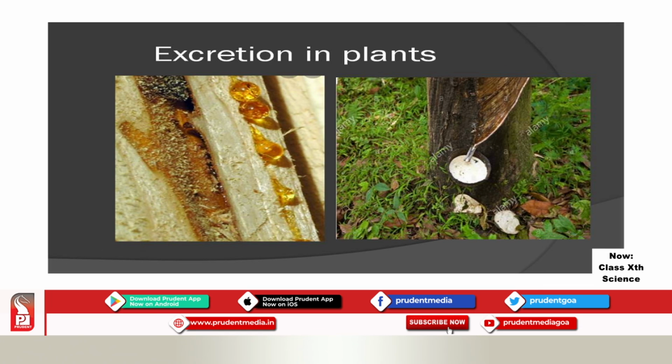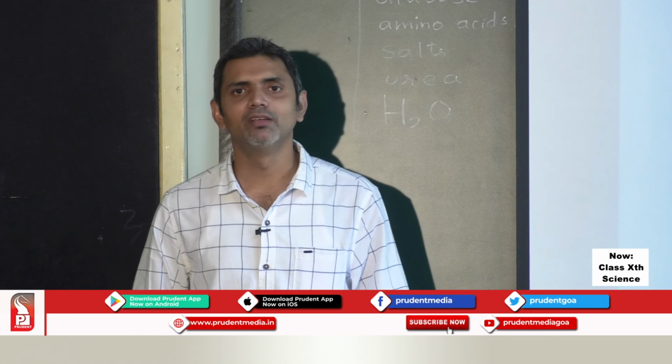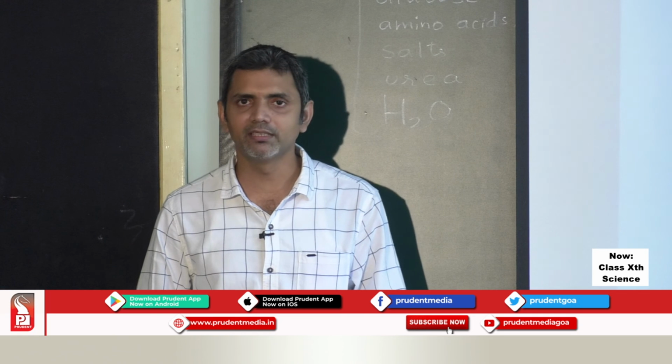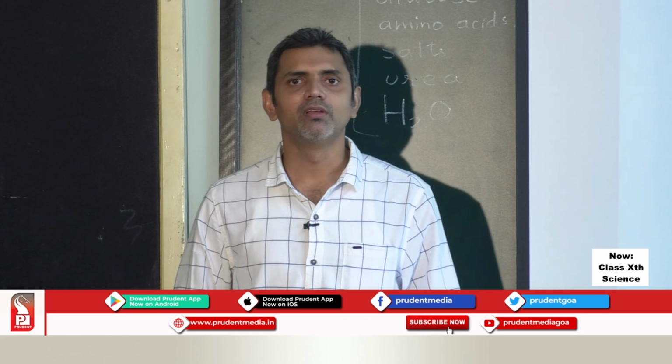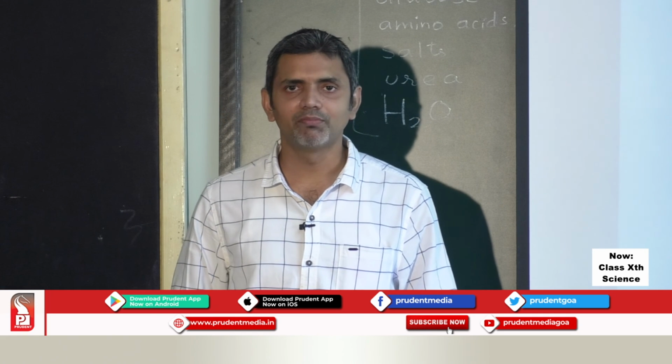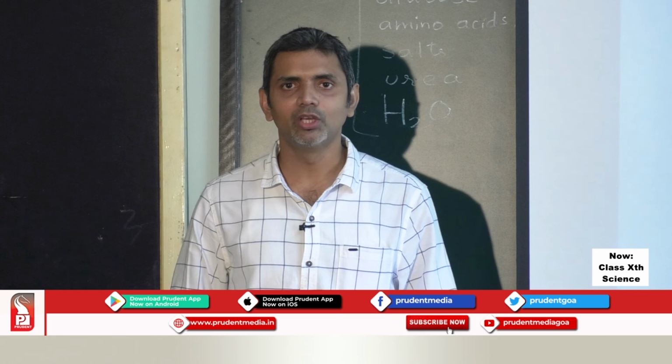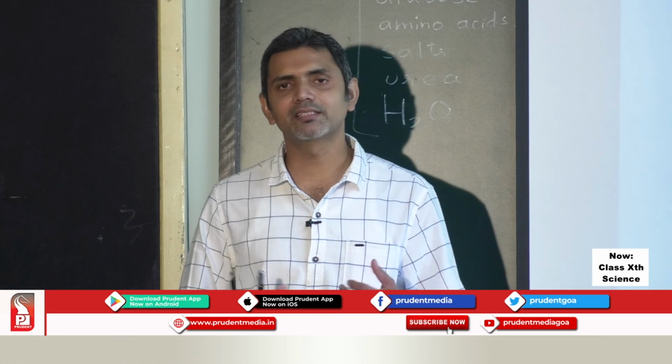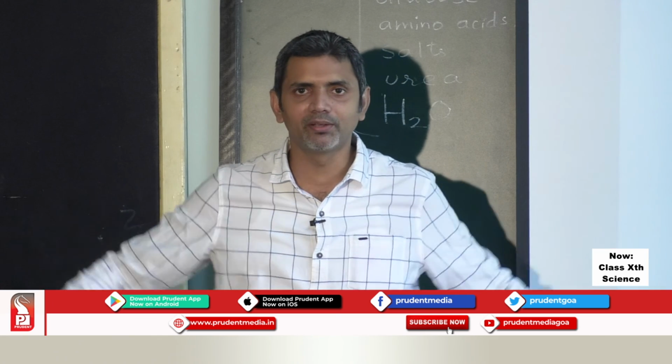Plants also store waste in cellular vacuoles, or vacuoles present in the cell. We have learnt in 9th standard various cell organelles, and in vacuoles plants store their waste. Plants also excrete waste in the surrounding.